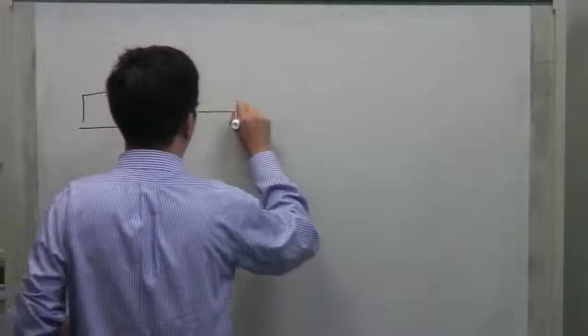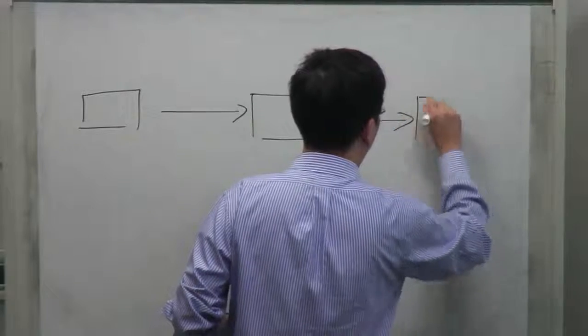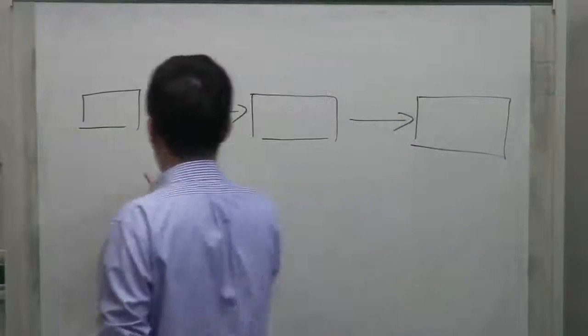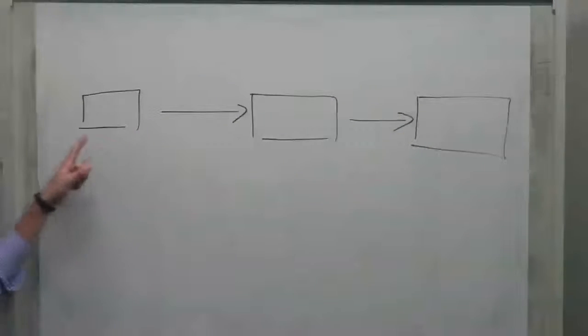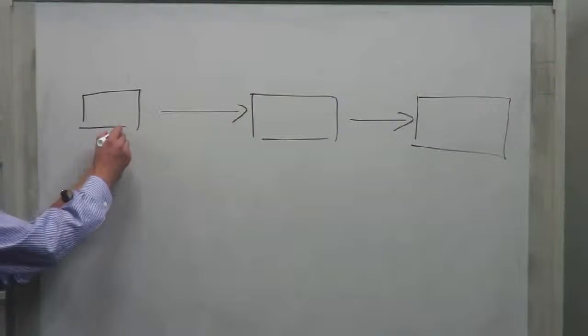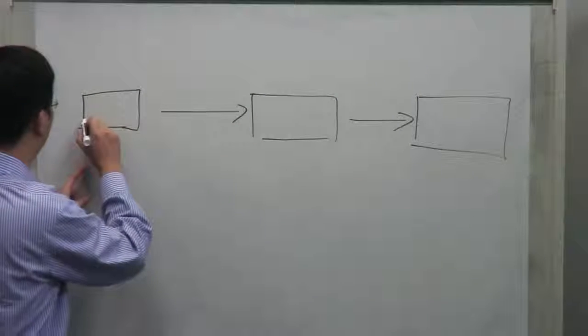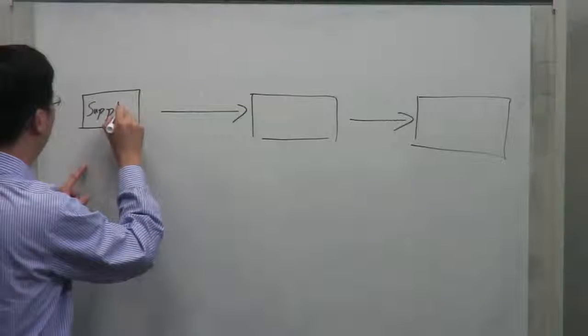If you remember the supply chain we discussed in chapter 1, I need some volunteers to tell me how to fill in the players' names in these three places. What is the upstream position? What's the name of this player in the supply chain? Supplier. Great.